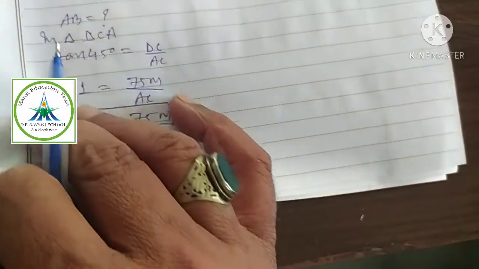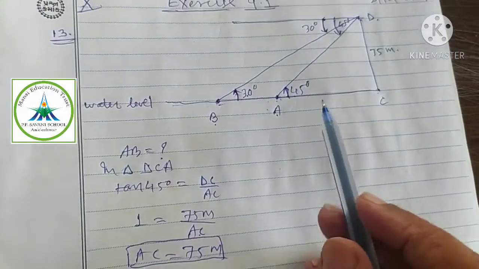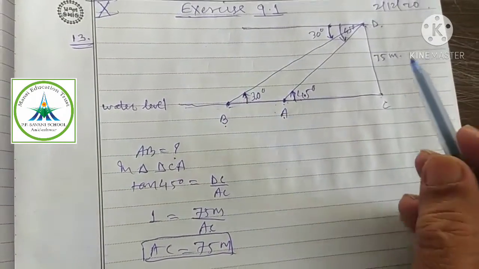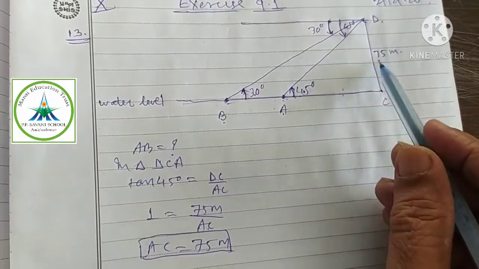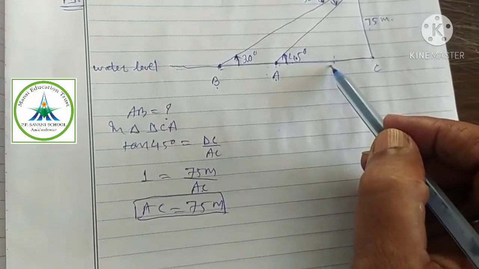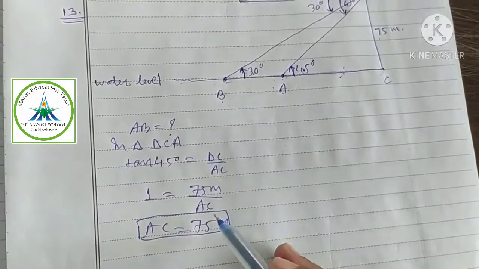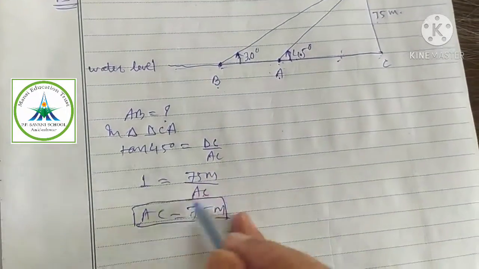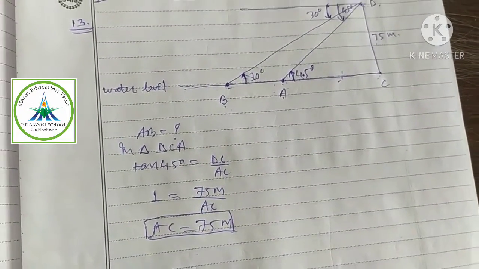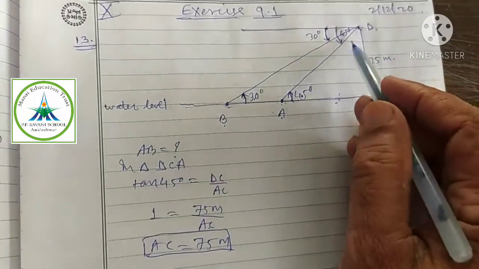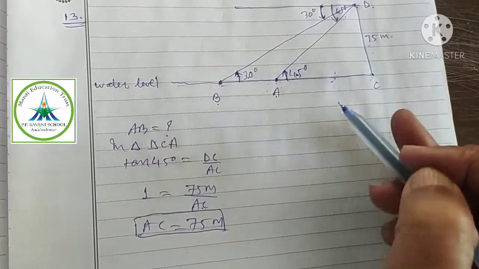Now see, from all these examples, wherever there is 45 degree, then both sides of the triangle are equal. You can directly write in triangle DCA, AC equal to 75. You can write directly. No need to write this one. Okay, that is property of right triangle. When two acute angles are 45, then sides are equal.